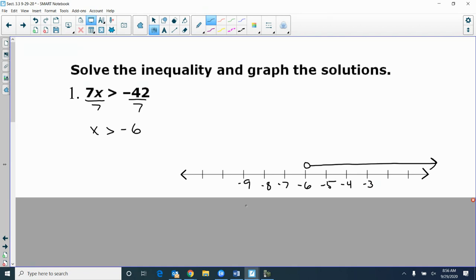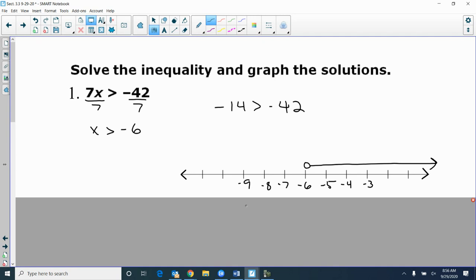All right, Grant, give me any number that falls in that shaded region. Negative 2. Negative 2, good. 7 times negative 2 is negative 14. Now don't forget, is negative 14 bigger than negative 42? Yes, so we know it works. Now here's what should happen.